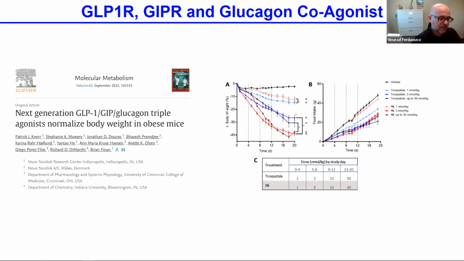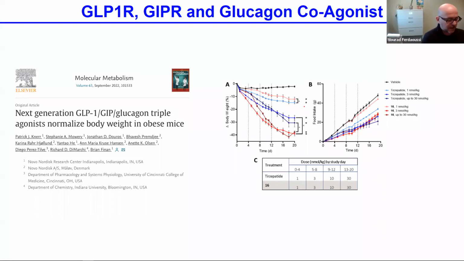And remember, tirzepatide is the one that targets only the GLP-1 and the GIP receptors. So this is another arm to treat diabetes: to target the GLP-1 and the GIP receptors.